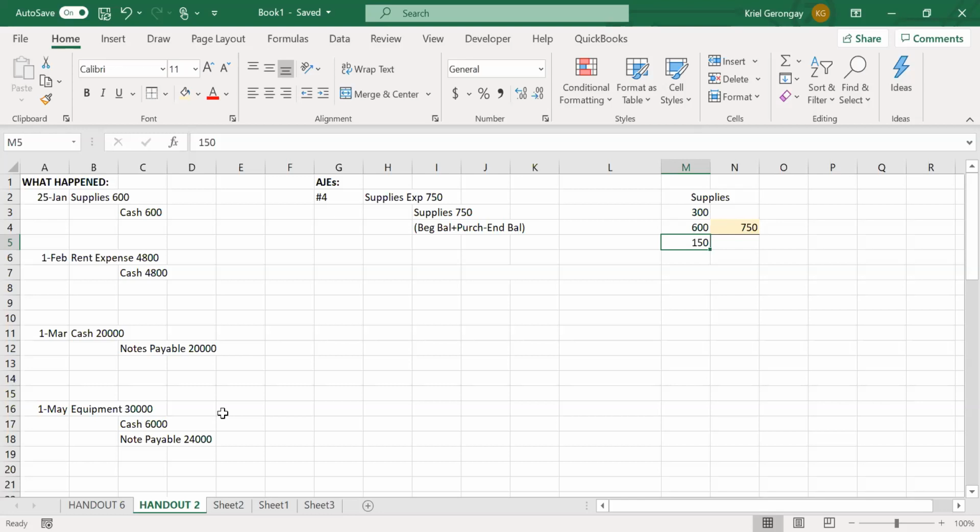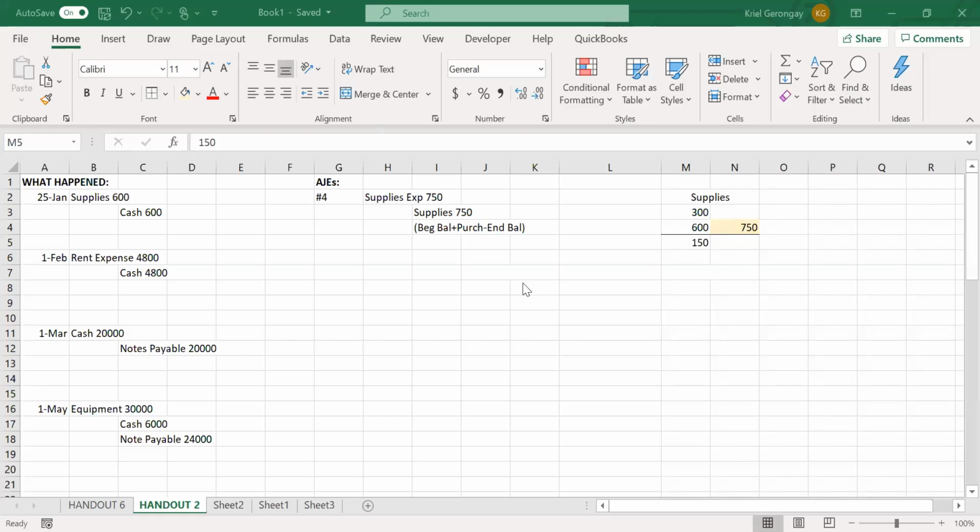Let's say I worked at Ralph's, and we had $300 worth of tomatoes at the beginning of the year, January 1st. Throughout the entire year, we bought $600 of tomatoes. We're making hamburgers at Ralph's, and by the end of the year on December 31st, we counted the tomatoes we had left, and it equaled $150.